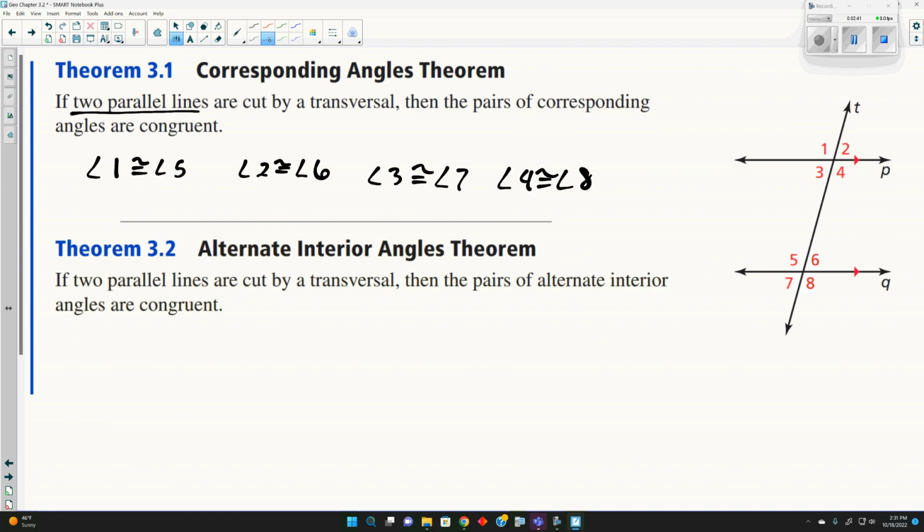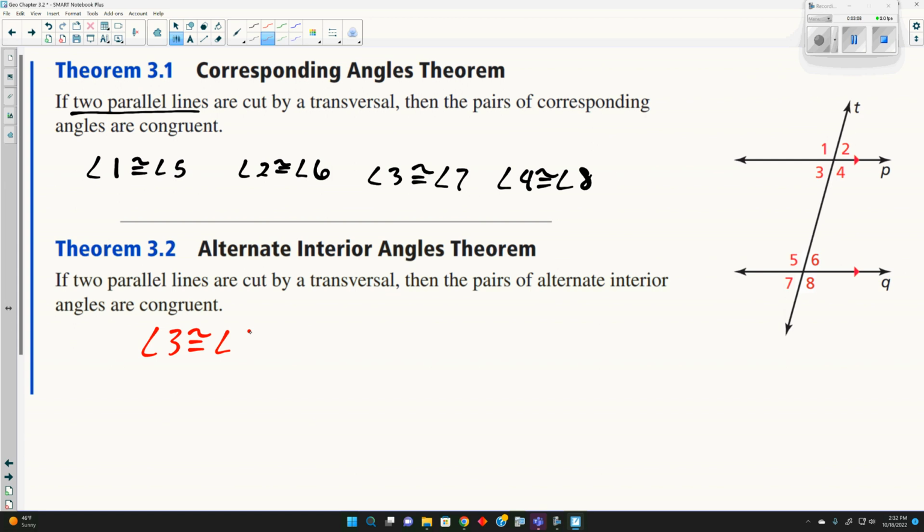We also have that the alternate interior angles are congruent. So one of our angles that's alternate interior is angle 3 and angle what? So alternate interior. Alternate means opposite sides of the transversal, and interior means we are inside.